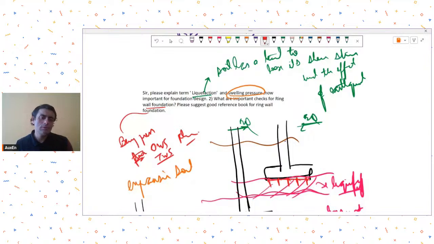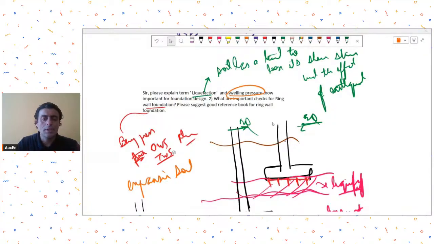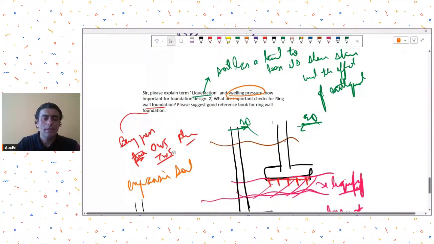There's nothing specialized or out of the ordinary beyond what you do for your normal footings. Just the normal usual checks: settlement, bearing pressure, one-way shear, two-way shear if applicable, and flexure.